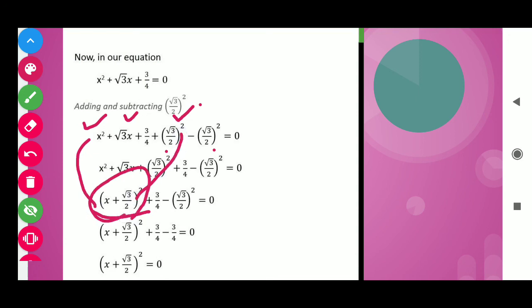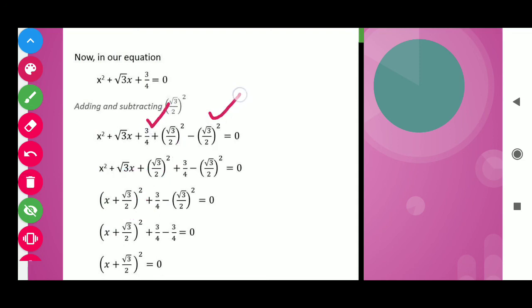Now students, here we have the third term 3 over 4 and the last term 3 over 2 whole squared, and 3 over 2 whole squared gives 3 over 4. The 3 over 4 and 3 over 4 cancel out because numerically both are the same but opposite in sign. In this way we get x plus root 3 over 2 whole squared is equal to 0.